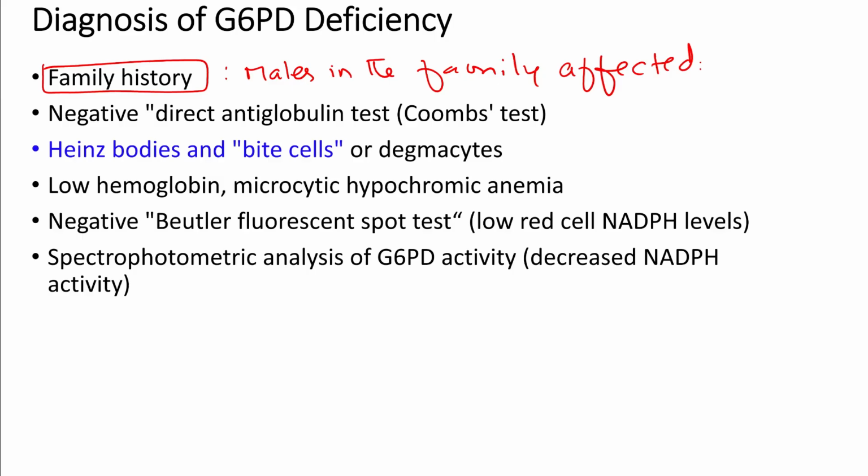And then a negative direct antiglobulin test, that is the Coombs test. The Coombs test is negative. Remember, the Coombs test is for antigen antibody reactions. Not sure if in immunology this test is mentioned. Maybe in micro they might mention it. I'll just put it in brief.